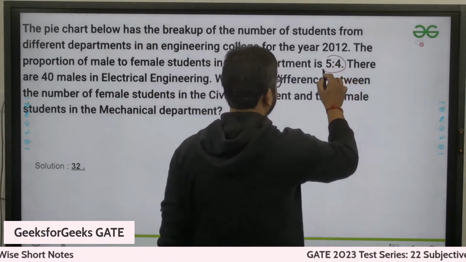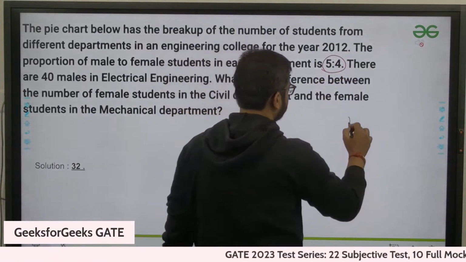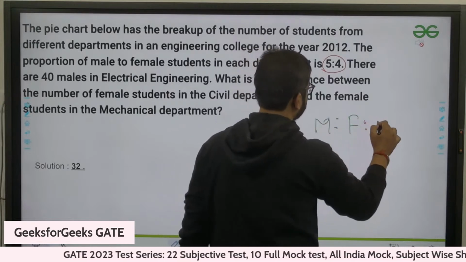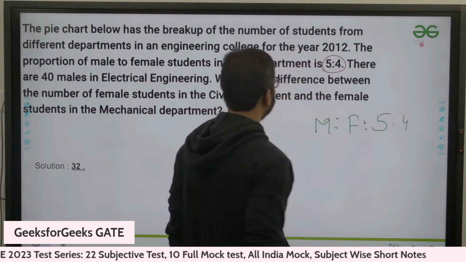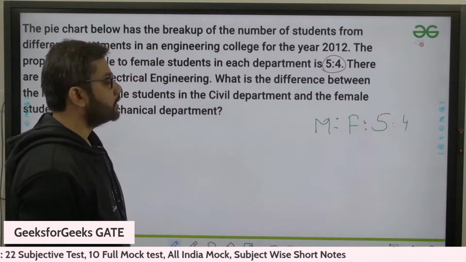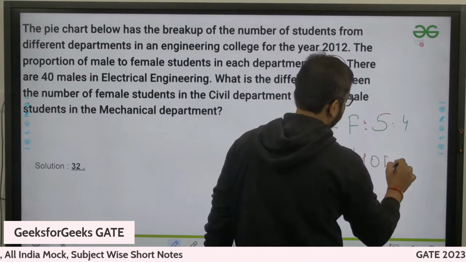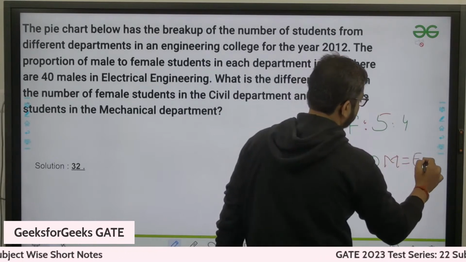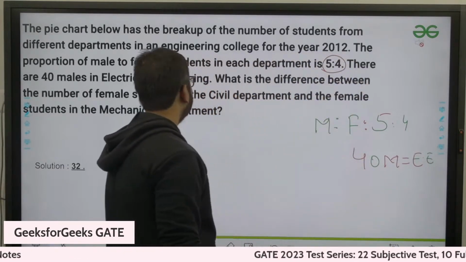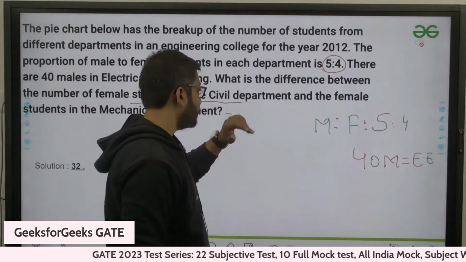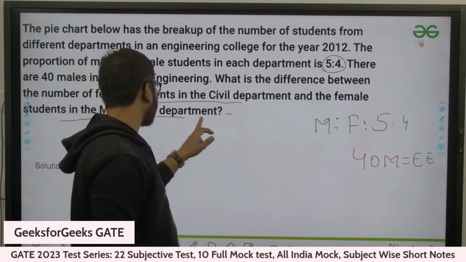This is important, male to female is 5:4. There are 40 males in electrical engineering. What is the difference between the total number of female students in the civil department and the female students in the mechanical department?